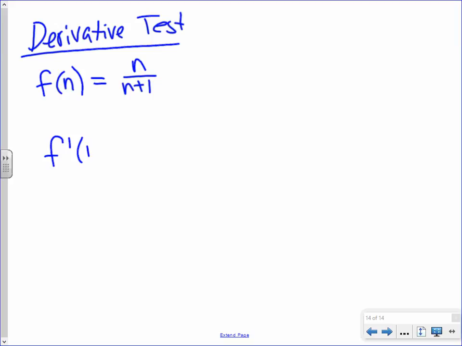So our derivative: the derivative of n times n plus 1, minus n times the derivative of n plus 1, gives us that numerator, all over n plus 1 quantity squared.